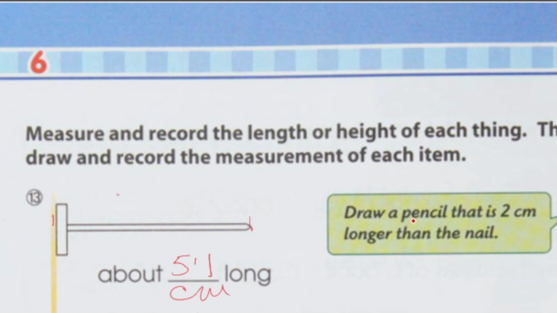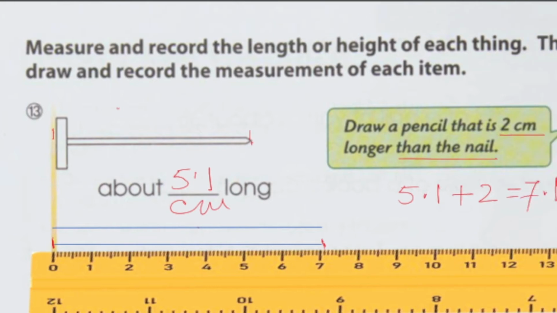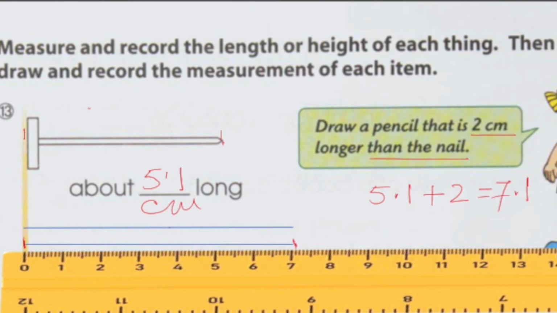Now they say draw a pencil that is 2 centimeter longer than the nail. 2 centimeter longer than the nail. That means it should be 5.1 plus 2 centimeter, which is equal to 7.1. So I have drawn these two lines of 7.1 centimeter.